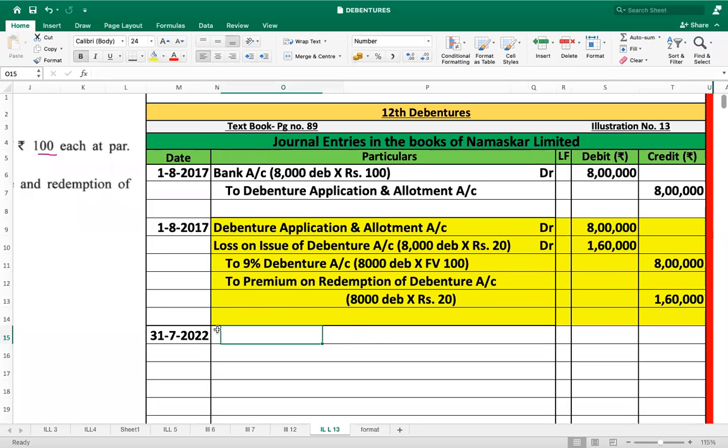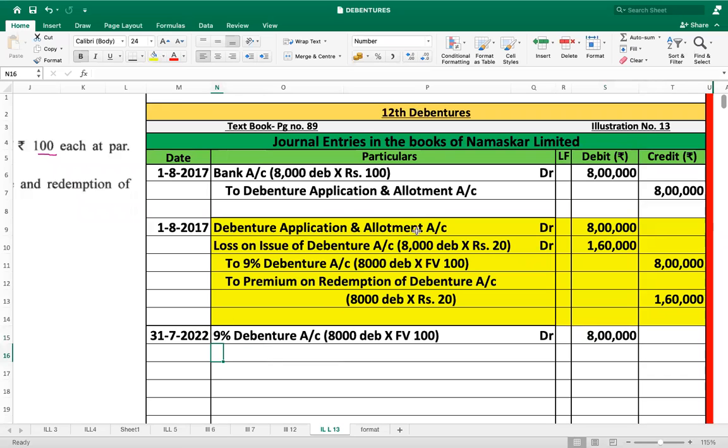Now, when we are going to redeem, we first cancel our debentures. 9% debenture account, 8,000 debentures into face value rupees 100, 8 lakhs.